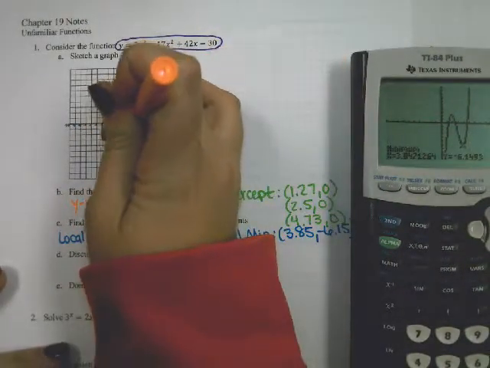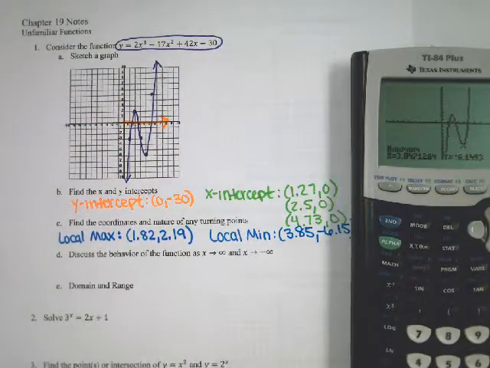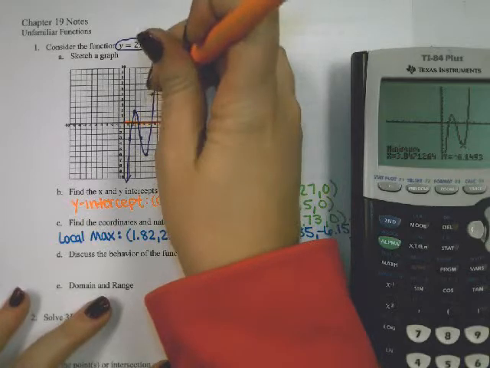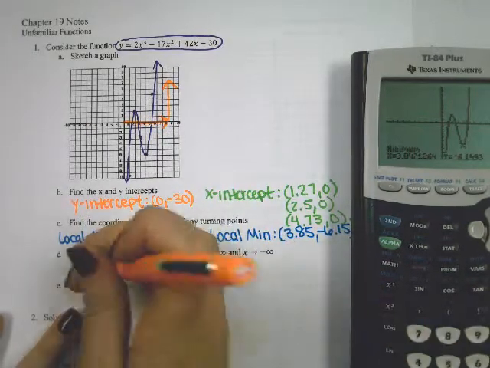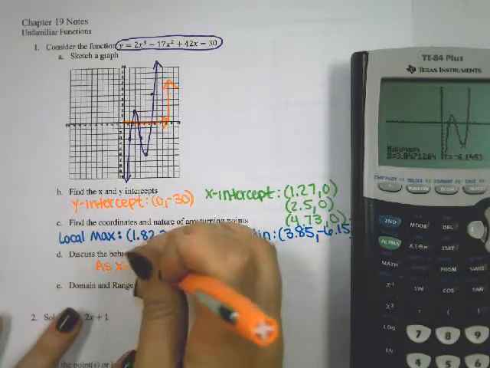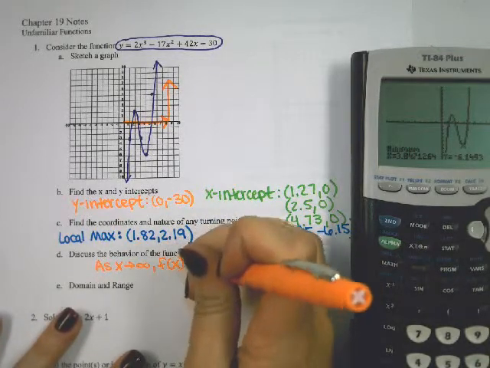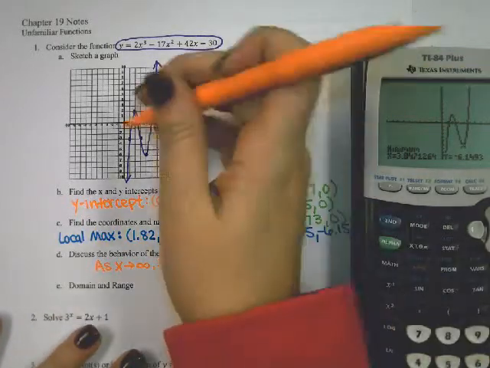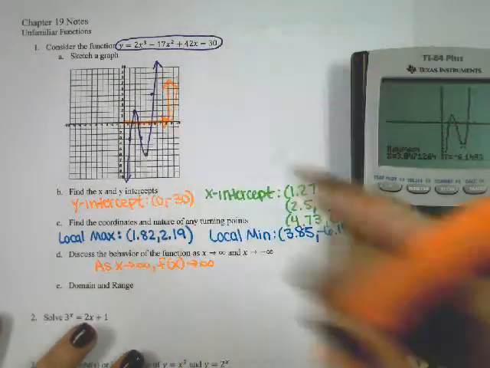As x gets really big, this way, my function is going up. So what we say is, as x goes to infinity, f of x, which is the name of our function, goes to infinity as well. So as x gets bigger, y gets bigger.